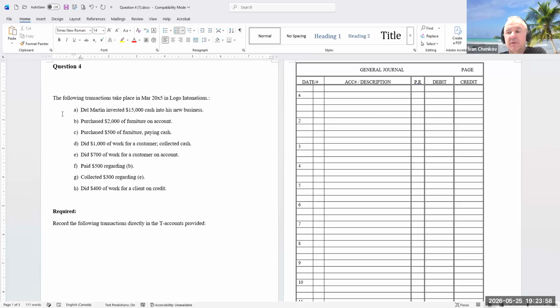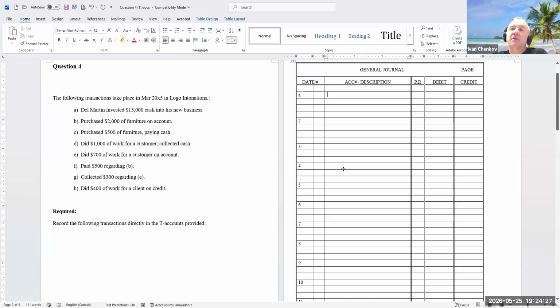Every time you see a transaction, you should ask yourself what the business gets and why the business gets it. So what does the business get in this case? Obviously, the business gets cash. What is cash? Asset, liability, equity, revenue or expenses? It's asset, no questions about it.